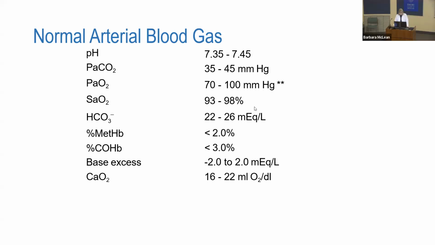Then we think about bicarb. When we talk about bicarb, perfect bicarb is 24. The range is 22 to 26. But what I want you to remember, and it will bode well for you, is that the direction of the bicarb and the base is an opposite reflection of metabolic acid. In other words, if base is in deficit, if bicarb is down, metabolic acid is up.